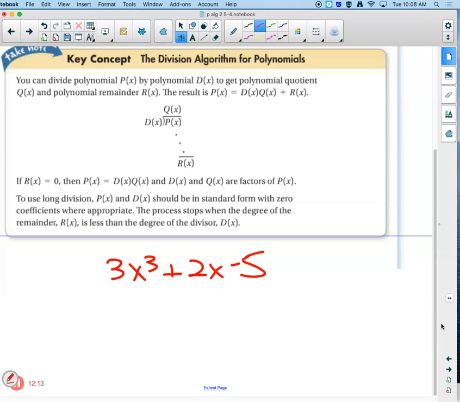What's missing if we write that in standard form? Standard form is the highest power on down until you get to x to the 0. This is missing one of those. Which one's not there? Three, 2, x squared.